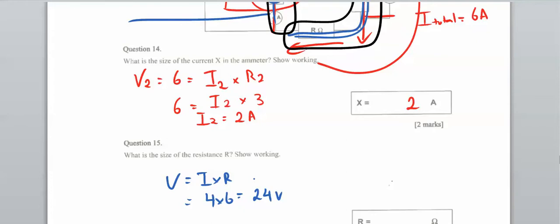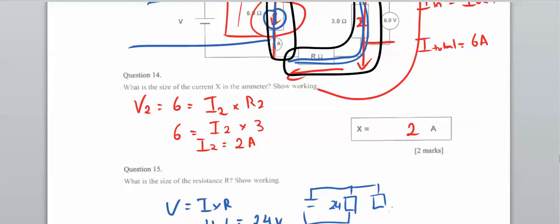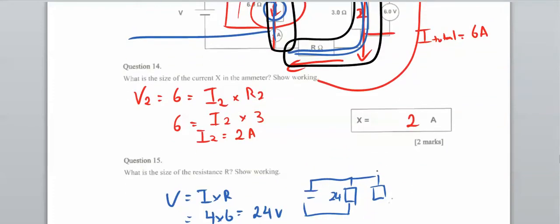So if we were to do this as an equivalent, we've got 24 volts across here, and this resistor, which was 3 ohms, had 6 volts across it.